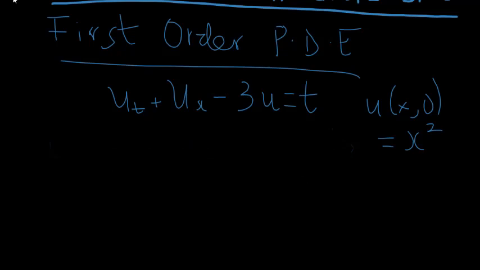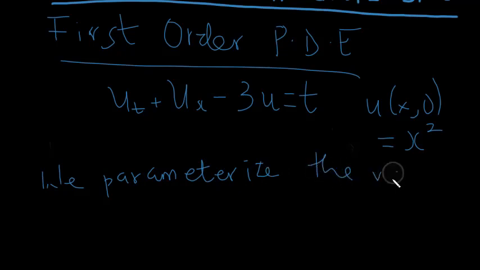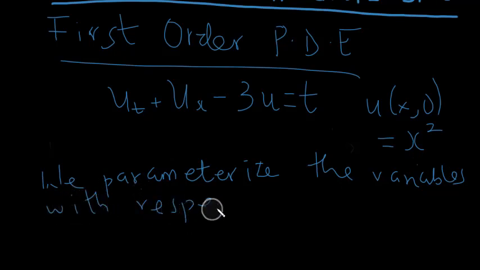Let me write it down a bit. So we parameterize the variables with respect to any variable you can think of. Let's say I'm choosing m.